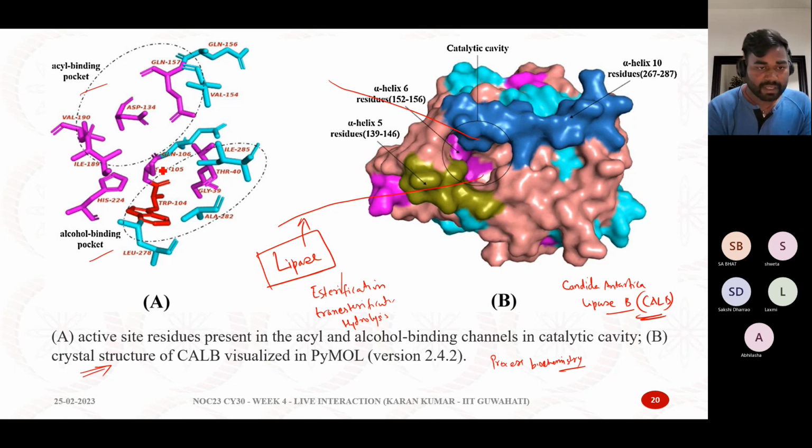At the interface you will see the catalytic amino acid residues. The catalytic site is composed of serine 105, histidine 224, and aspartic acid.